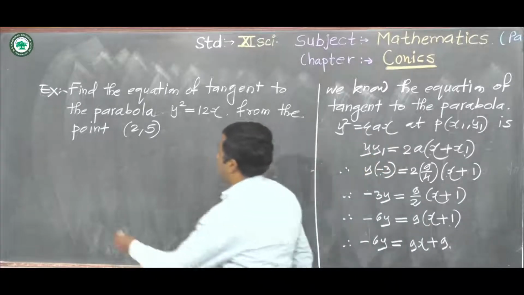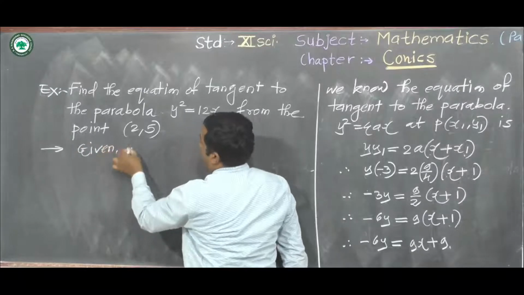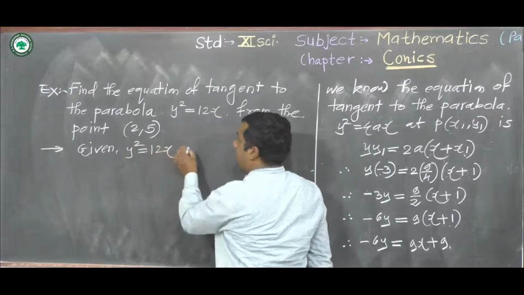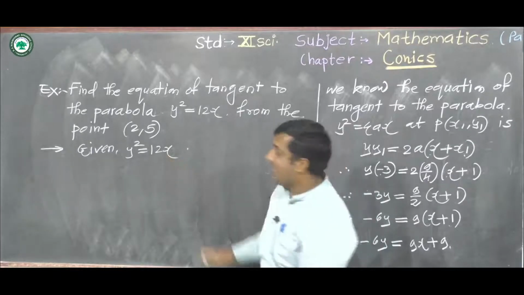So firstly we consider the given equation of parabola. Given y square is equal to 12x. Let's compare this equation with y square is equal to 4ax.